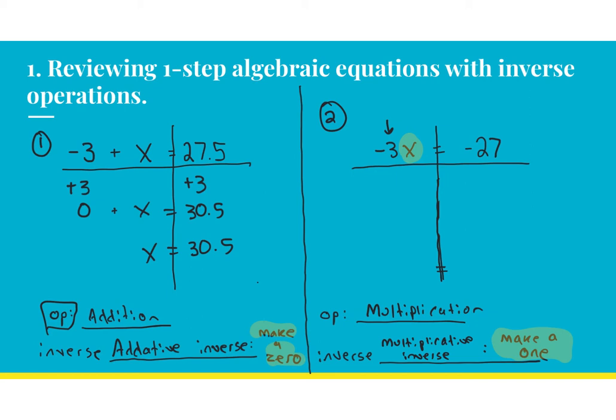So to perform the multiplicative inverse here and make that 1, we could just divide each side by negative 3. That comes up with the exact same thing, where we end up with 1x equals positive 9. Multiplying by negative 1/3 and dividing by negative 3 gets us that same result.